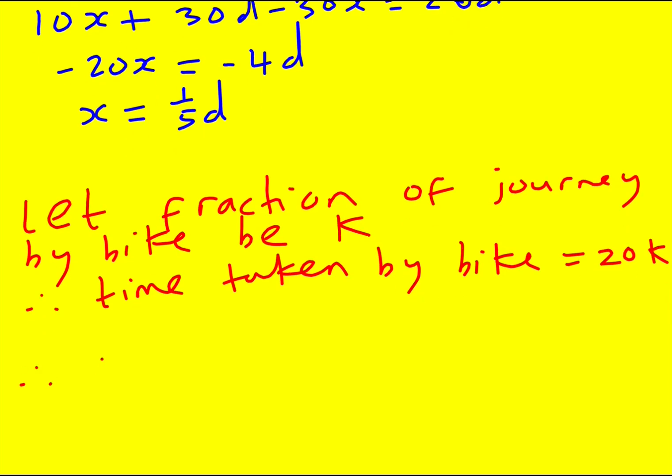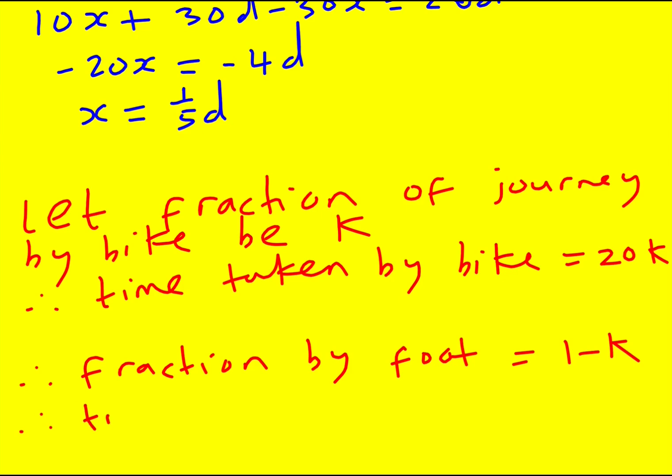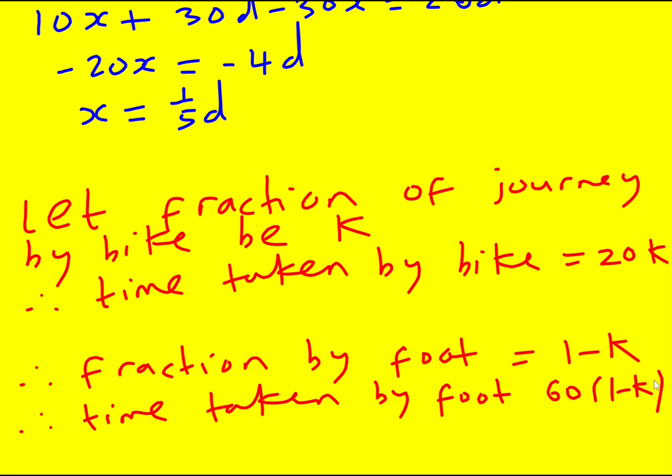And therefore, the fraction by foot is going to equal 1 minus k. It's the remaining amount. And the time taken by foot will therefore be the 60 minutes that it took for the whole journey, times the fraction by foot.